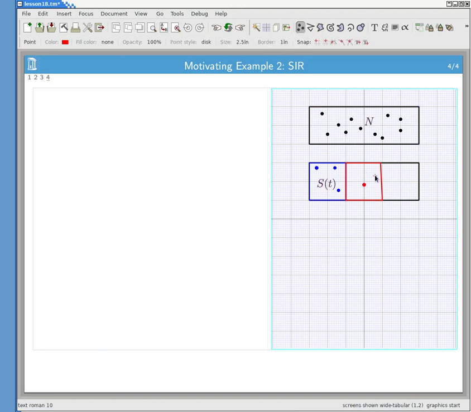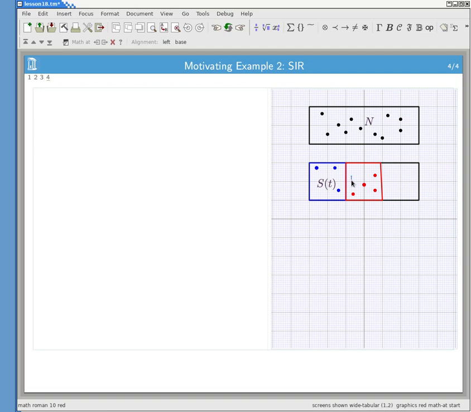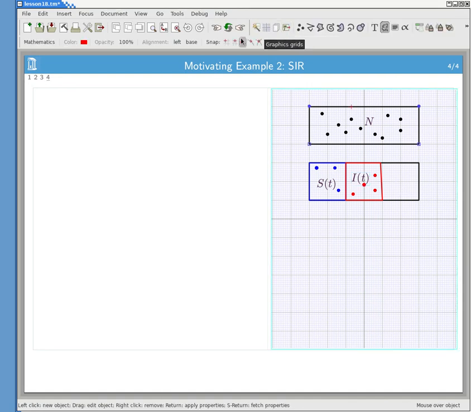There's a number of such individuals. We will denote these by another dependent variable which we will call I of t. And finally, there is a final group. This final group is going to be of recovered individuals.